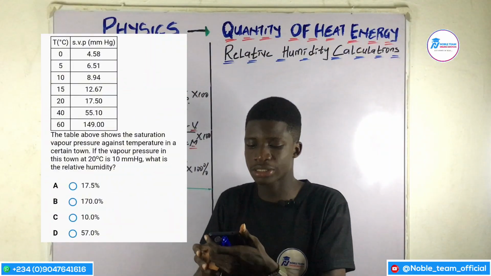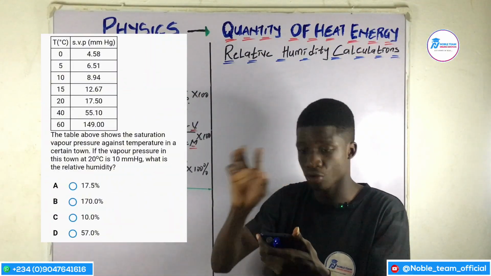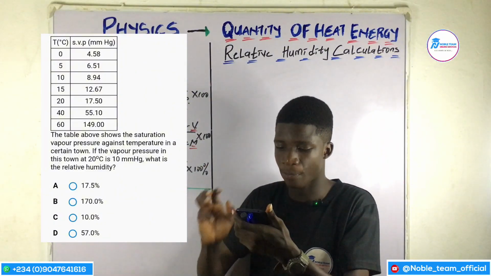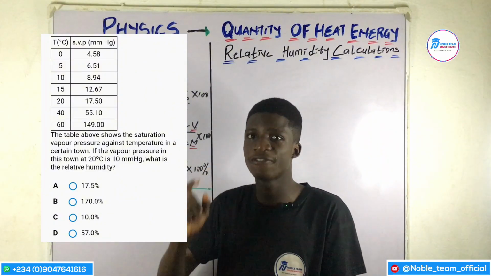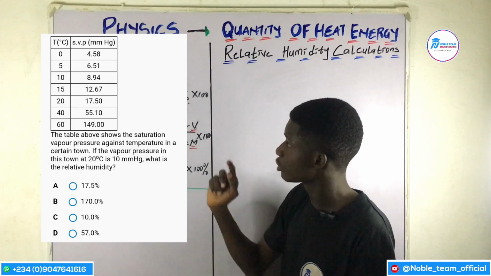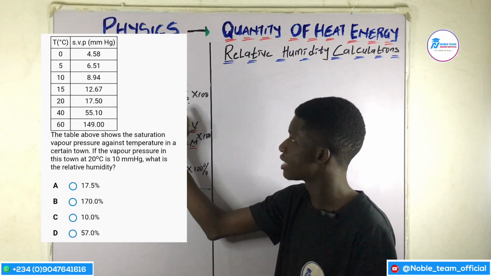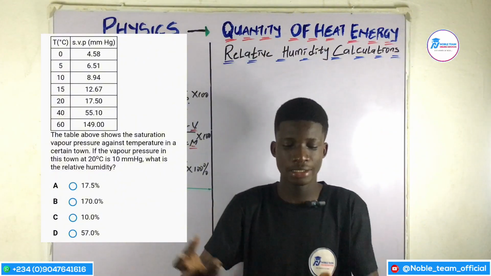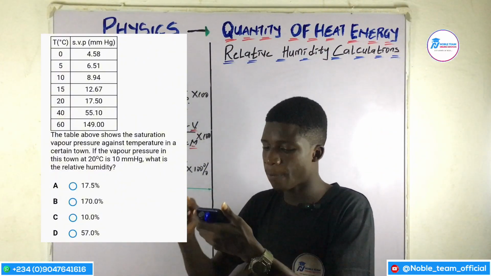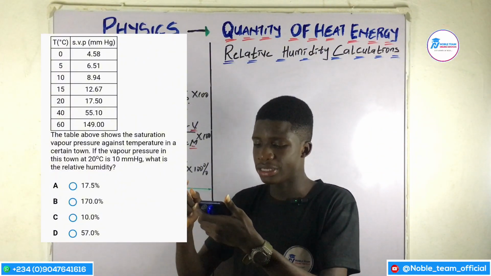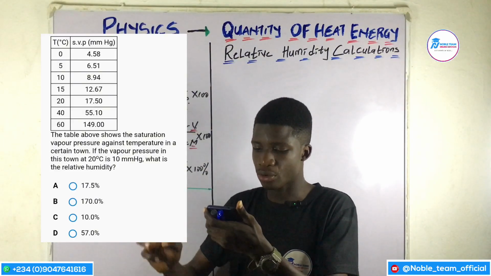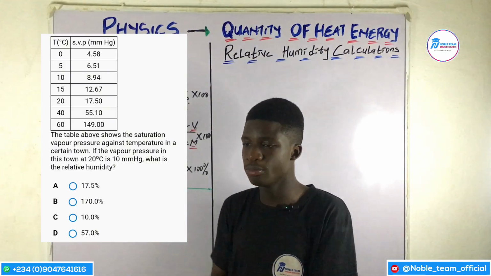Question 1 says the table, which you will see on your screen, shows the saturation vapor pressure, which is SVP, against temperature in a certain town. If the vapor pressure in this town at 20 degrees Celsius is 10 millimeter mercury, then what is the relative humidity?